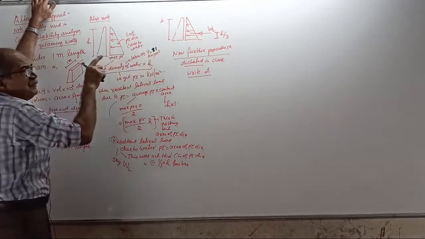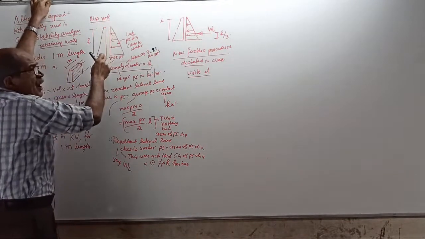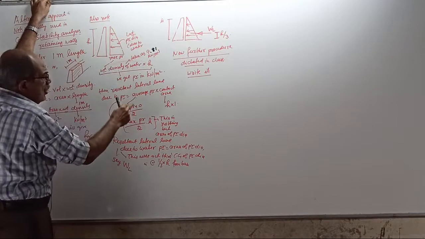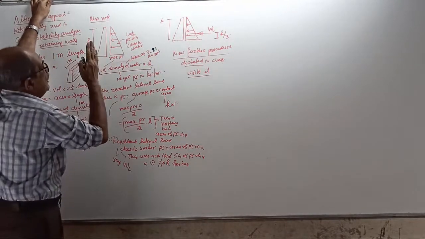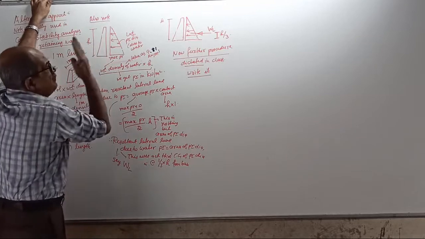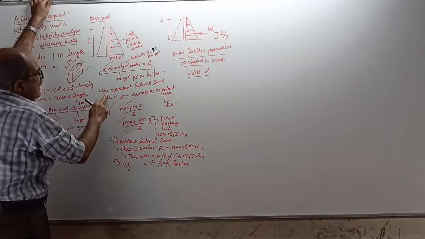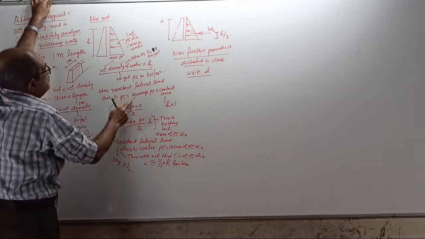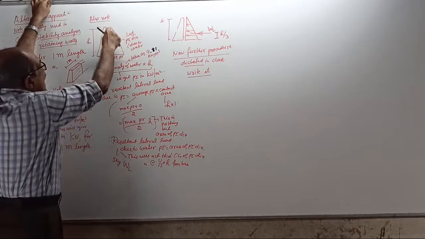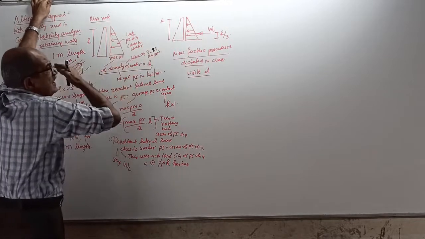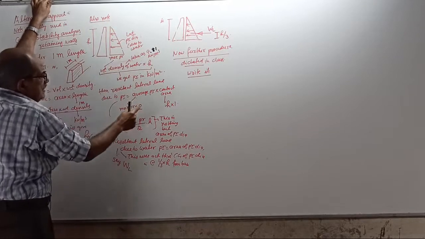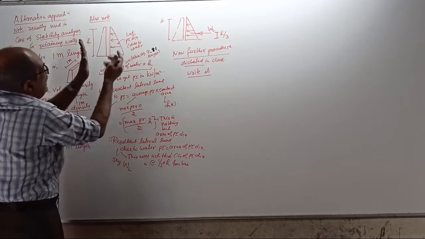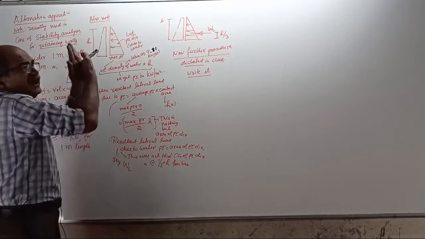So 9.81 kilonewton per meter cube into 7.5 will give kilonewton per meter square. Pressure is always per unit area. Unit area is 1 meter this way and 1 meter that way. Then the resultant lateral force equals average pressure into contact area. Average pressure is 0 plus maximum pressure divided by 2, into contact area, height into 1.